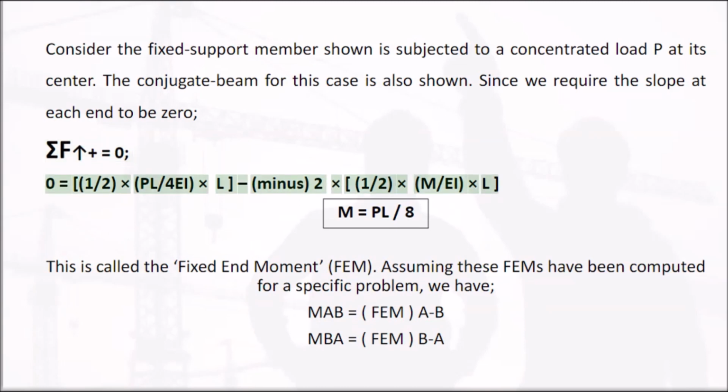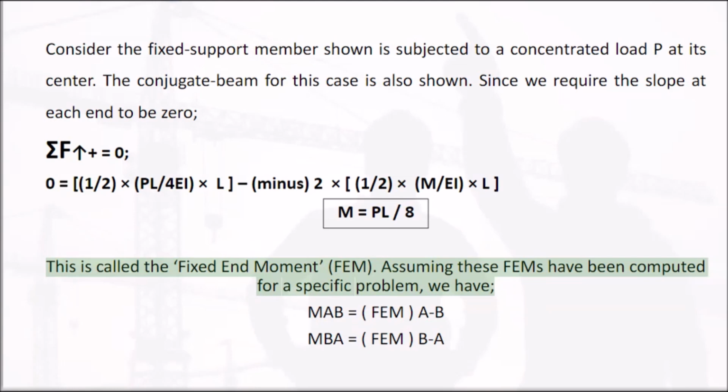0 equals 1/2 times PL/4EI times L minus 2 times 1/2 times M/EI times L. M equals PL/8.